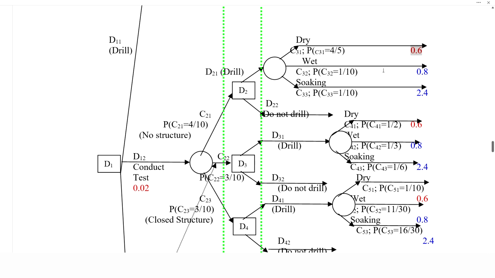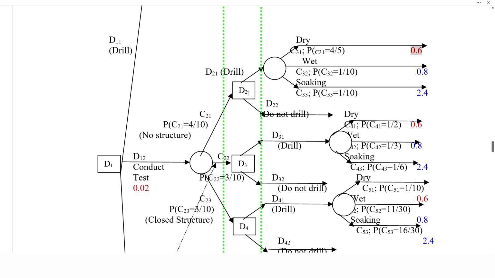The net present values for dry, wet, soaking are negative 0.6, positive 0.8, positive 2.4. The corresponding arms are C31, C32, C33 for dry, wet, soaking, and the probabilities are different. Now, how are they different?